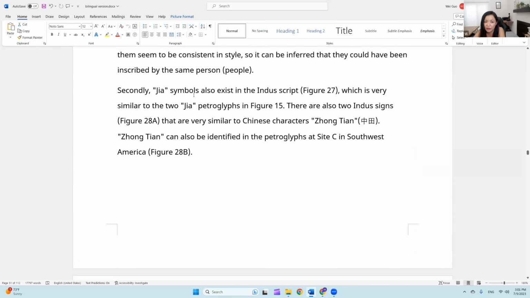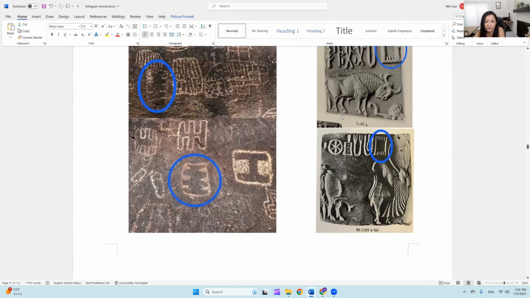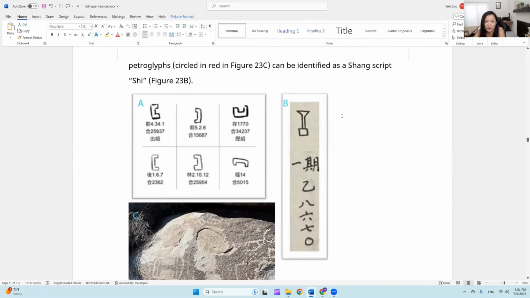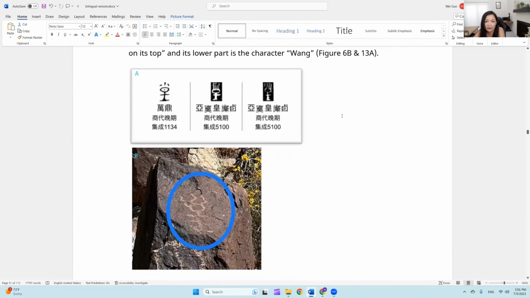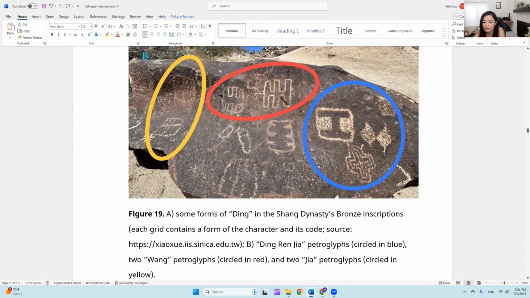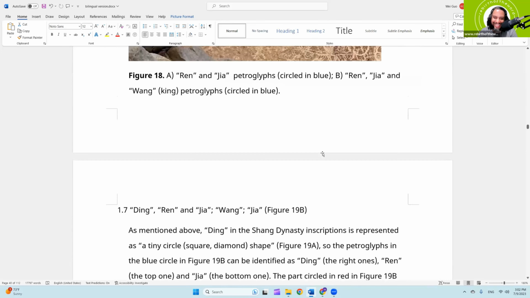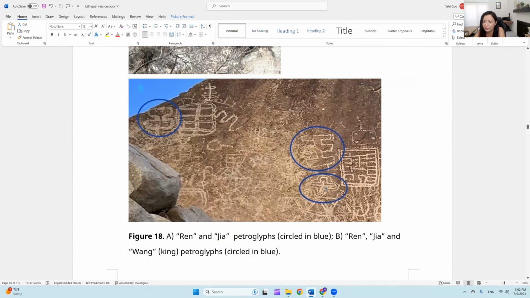Secondly, the Jia symbol also exists in the Indus script, the cross, which is very similar to the two Jia petroglyphs in figure 15. Let's look at the two Jia in figure 15. You can see this Jia has two layers of outlines, right? Then there goes the cross again. This one is the same, right?